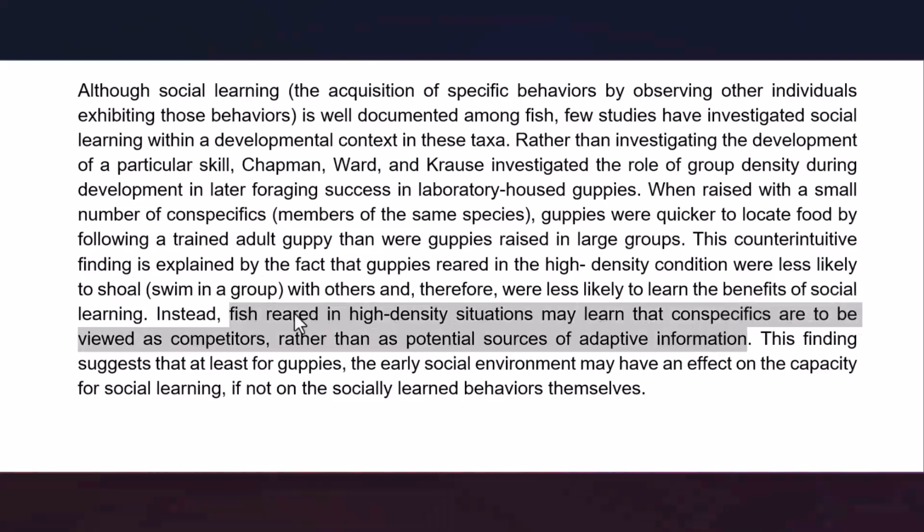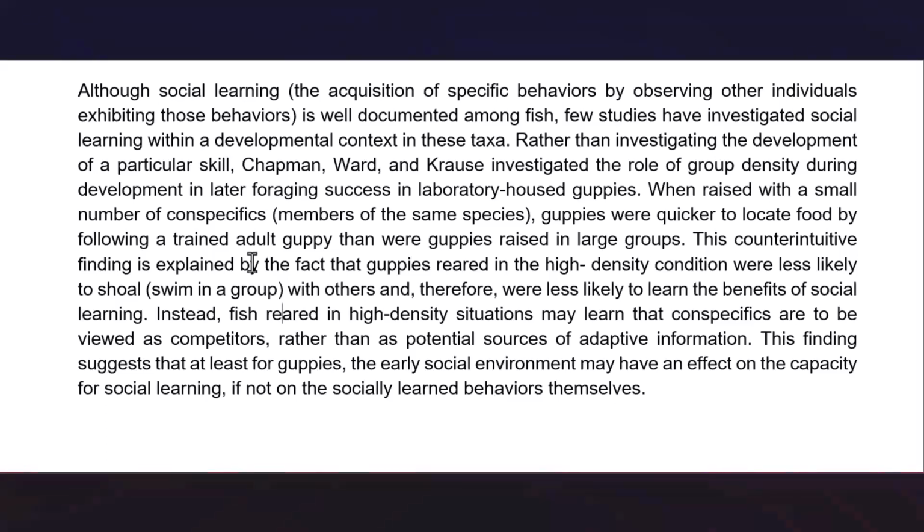Fish reared in high density situations may learn that conspecifics are to be viewed as competitors. This is the past tense: fish that are reared. So it means that initially they are reared in two different conditions, here in a high density situation. And later they observe them again, and they can see their conspecifics as their competitors.